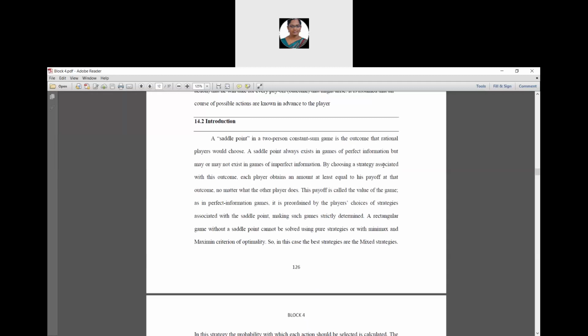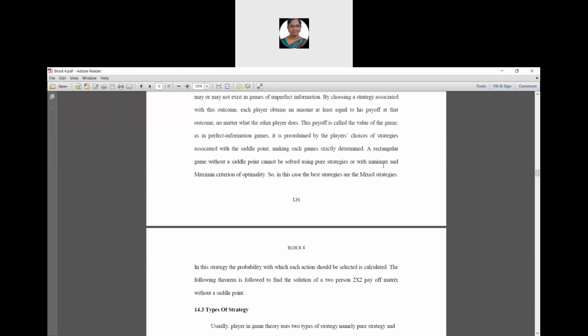By choosing a strategy associated with this outcome, each player obtains an amount at least equal to his payoff at that outcome, no matter what the other player does. This payoff is called the value of the game, and as in perfect information games, it is determined by the players' choice of strategies associated with the saddle point, making such games strictly determined.